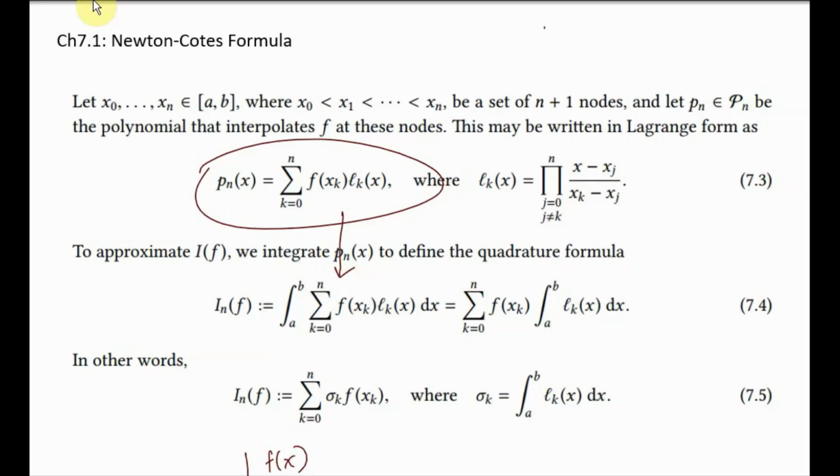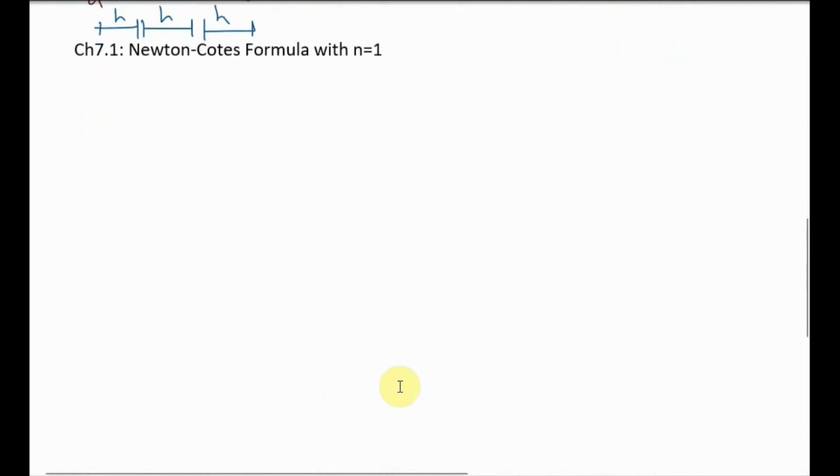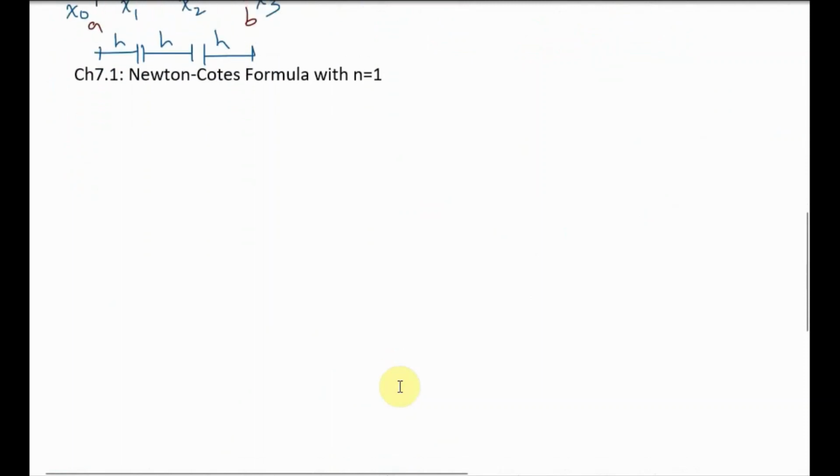We end up with something like this, and this is going to give us our approximate integral value. Let's look at an example, because that will be more concrete. Let's look at an example of the Newton-Cotes formula with n equals 1.